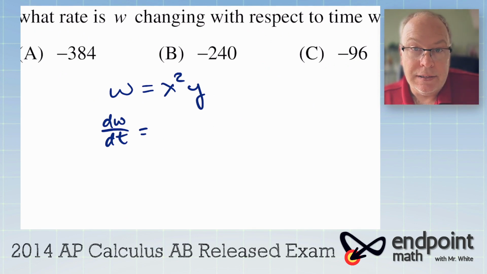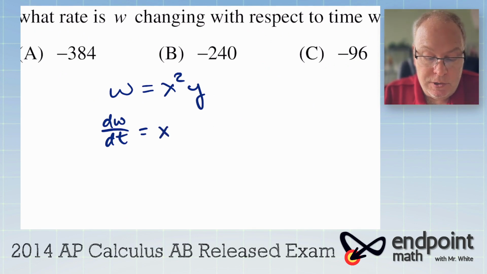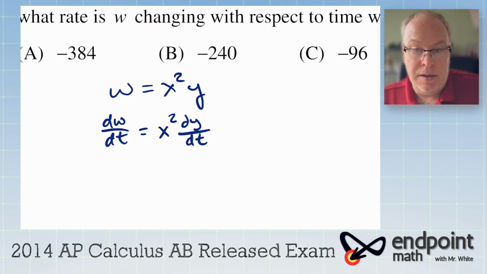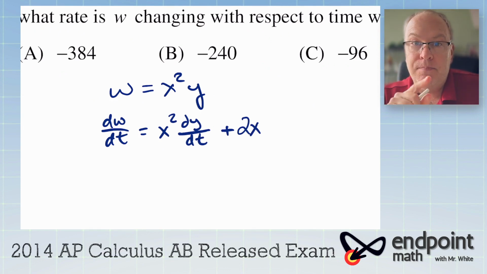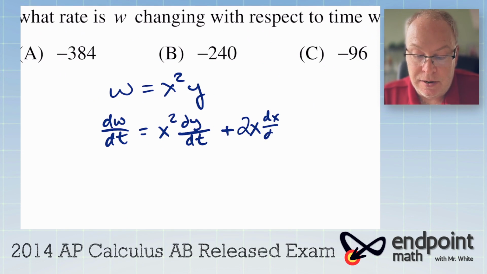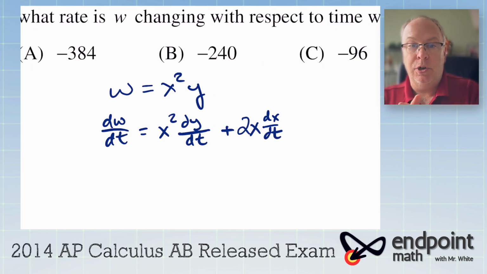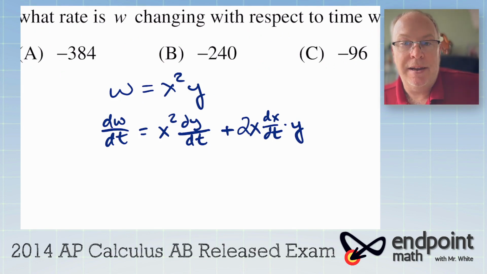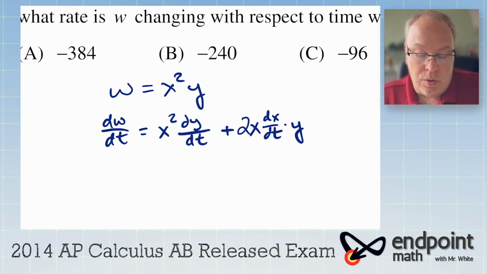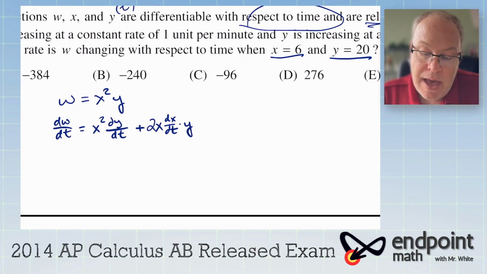That is a product. So we take the first times the derivative of the second, which is just dy dt, plus the derivative of the first is 2x, but x is a function, remember, so you have to put a dx dt there. And then times the second. That is just the product rule.